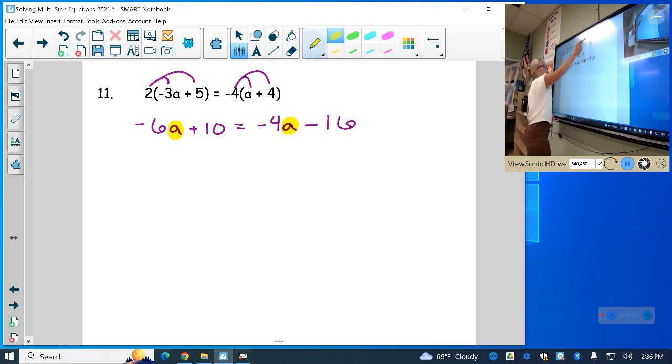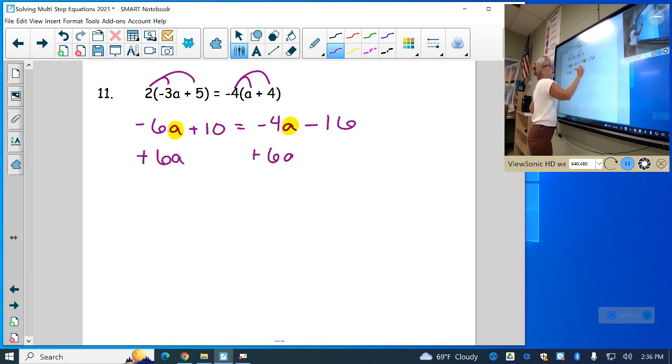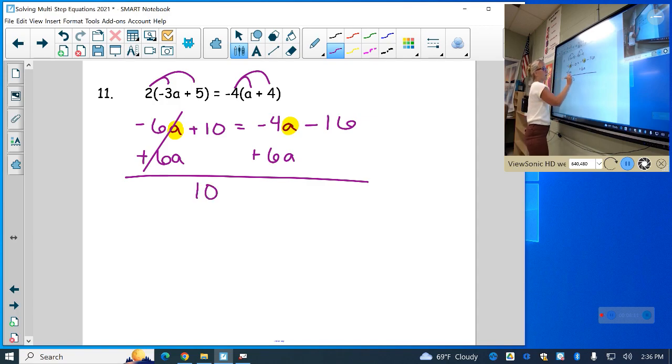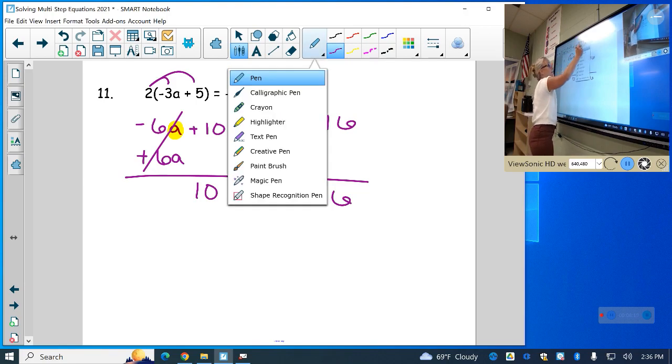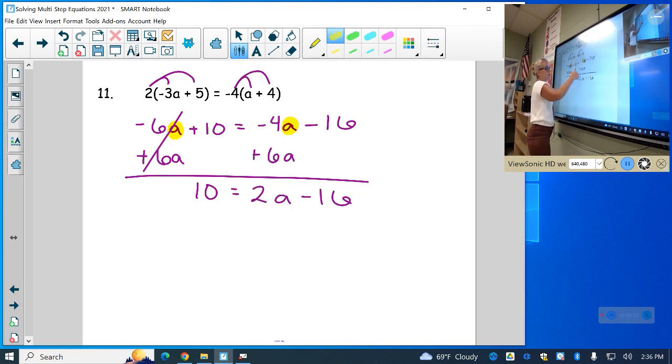That's just a trick that I like to do. So I'm going to add 6A to both sides and combine like terms. Eliminate so that we only have 1A, so I can solve for it. So I have 10 equals 2A minus 16. Now we have 1A left because negative 4A plus 6A gives me positive 2A.